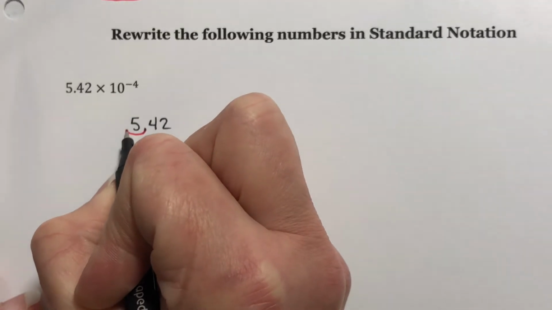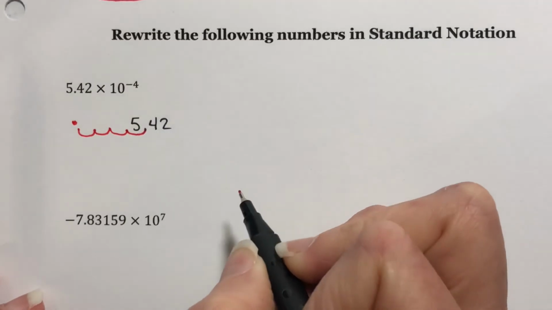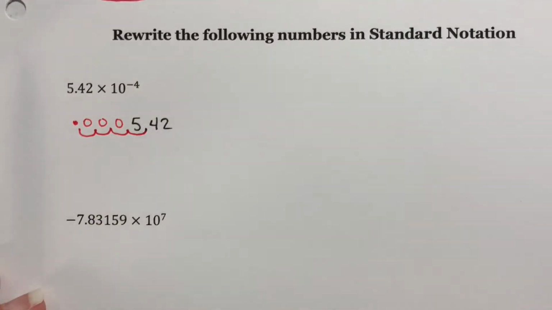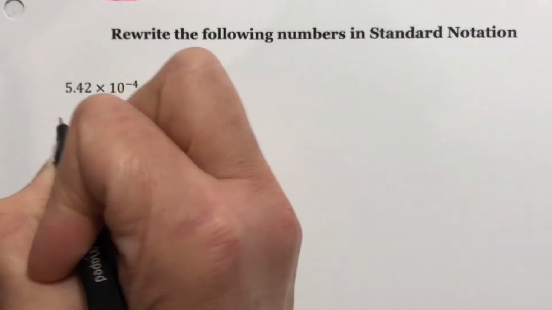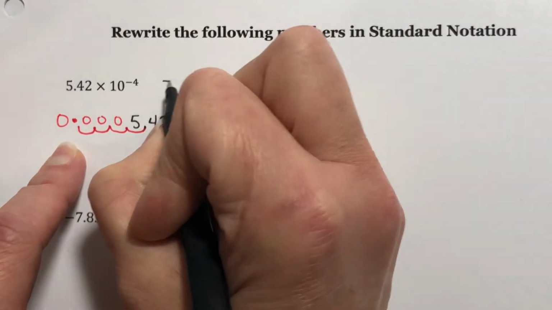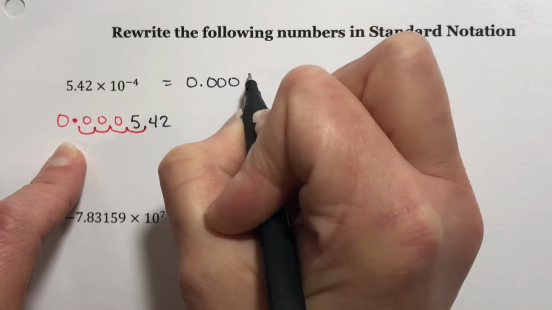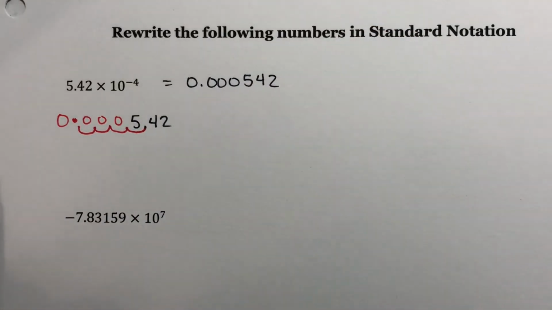Well, that's 1, 2, 3, 4. So my decimal point's here. And I need to fill in zeros for every little bump I made that didn't have a number in front. So I strongly suggest that you put the 0 in front of your decimals, because it's very easy when you're working.